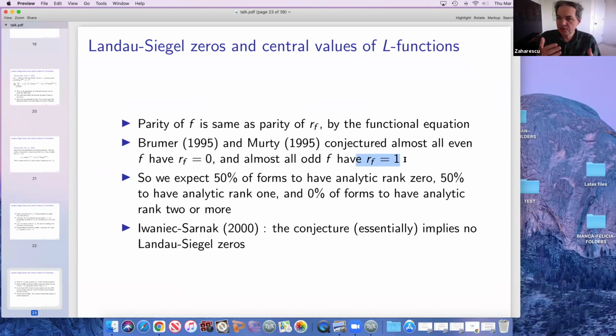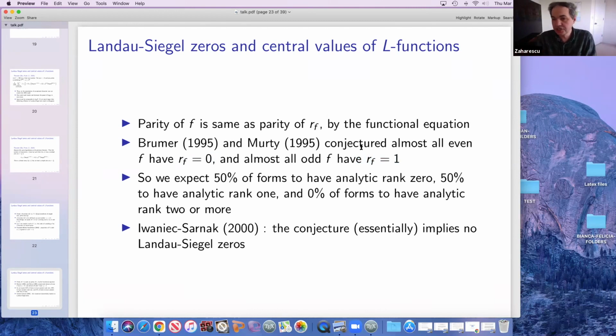So they are forced to vanish at the central point because of the functional equation, but then the conjecture says they don't vanish anymore; the first derivative is already not 0. So that's the expectation. But they cannot make it, like in the case of Dirichlet functions, the conjecture that every single one doesn't vanish.